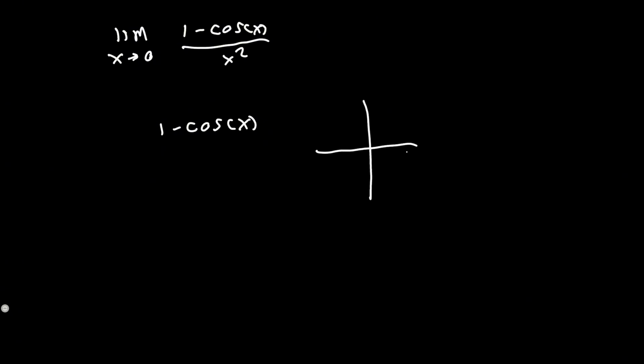If we look at its graph, our cosine function is negative and shifted up 1. So what we're going to see is a function that looks something like this. Let me color it. It is going to look something like this, a rough sketch like that.